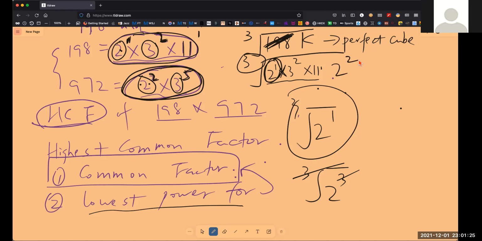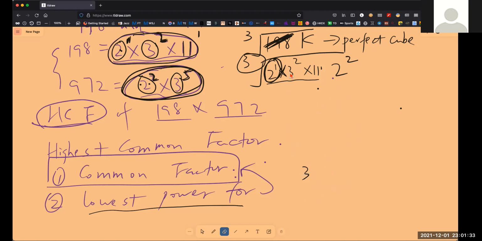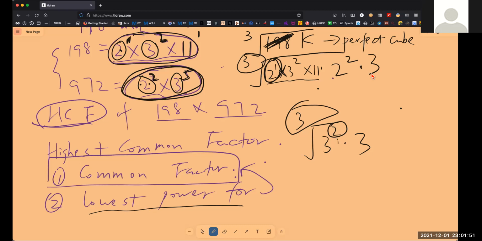Okay? And now I have finished the 2. I asked myself for the 3 to the power of 2: can you cube root 3 to the power of 2? I don't think so, because cube root is not the opposite of square. So you are short of one 3. So the k has to have a 3.